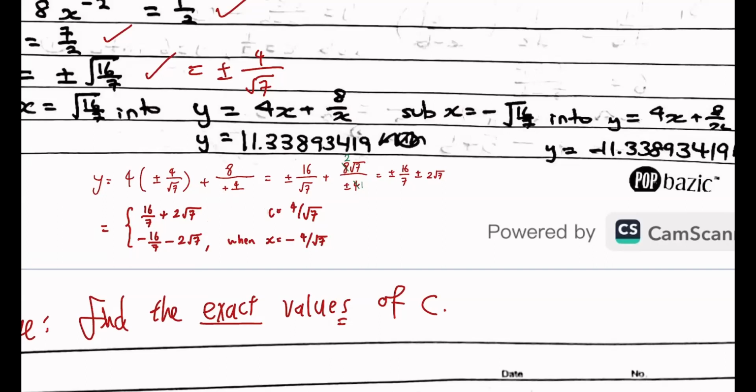Or maybe I should say if. Okay, this is one way to present it, if you don't want to write so much. Draw a curly brace, write down the 2 possible answers, but then put a comma and say if x equals what value. Put a comma and say if x equals some other value. Okay? That's the answer.